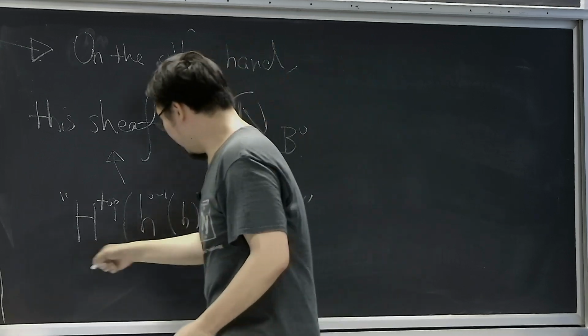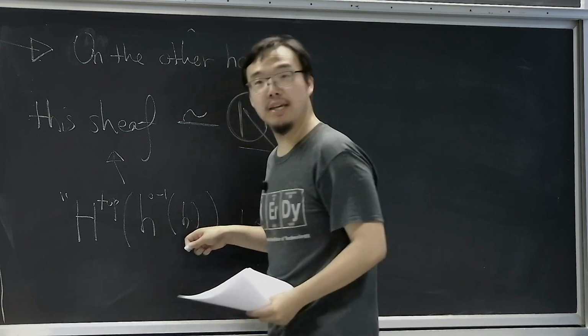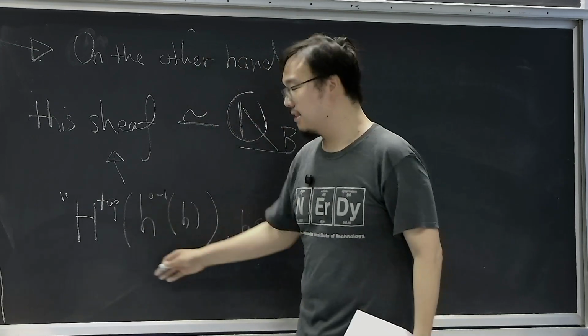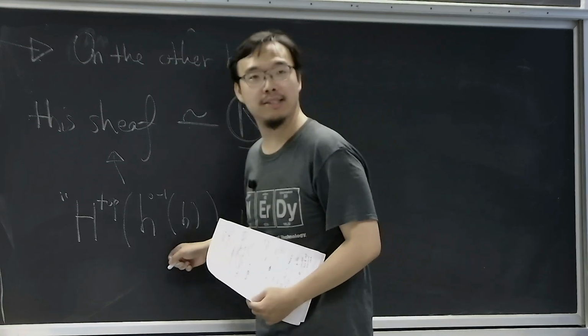If you look at what this is, you consider the integral curve given by b and consider all rank 1 torsion-free sheaves supported on it. This is actually the classical compactified Jacobian of this integral curve, which you know is irreducible.